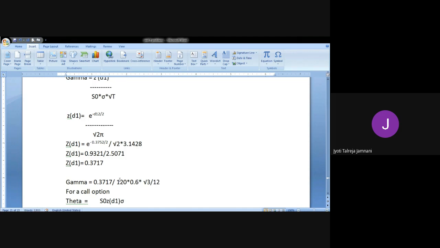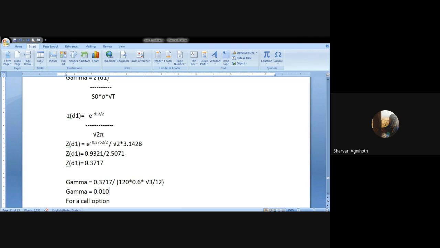So we need to multiply all these three. 120 into 0.6 into square root of 3 by 12 is 36. So 0.3717 divided by 36 gives 0.0103.